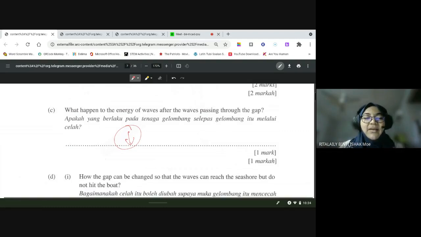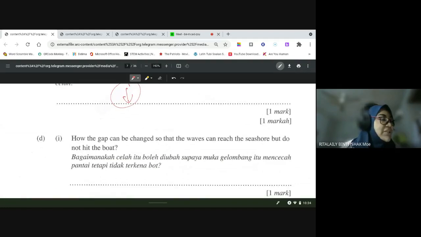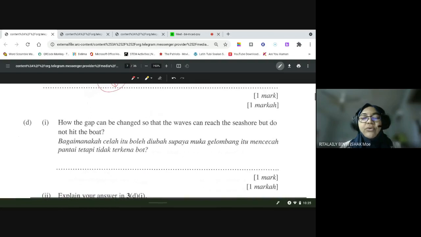Okay, so any more question? Tak ada. So how the gap can be changed so that the wave can reach the seashore but do not hit the boat? So kita nak wave tu sampai kepada pantai, tapi dia tak langgar boat. Decrease the gap.